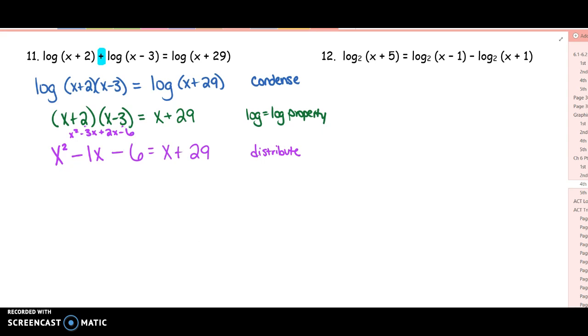Your next step, because we have x squared and x in the same equation, is to get one side equal to 0. So we are going to subtract x from both sides and subtract 29 from both sides. That will give us x squared minus 2x minus 35 equals 0.